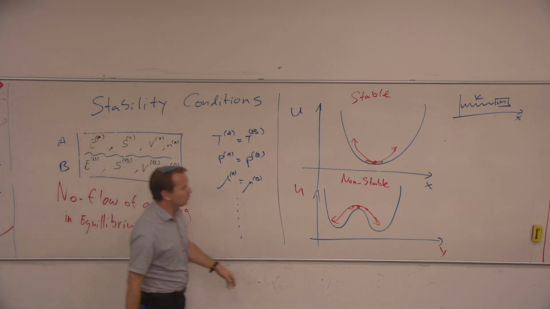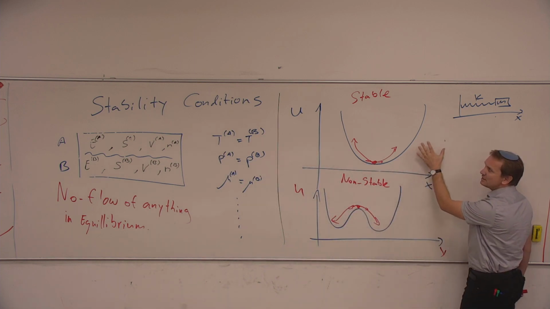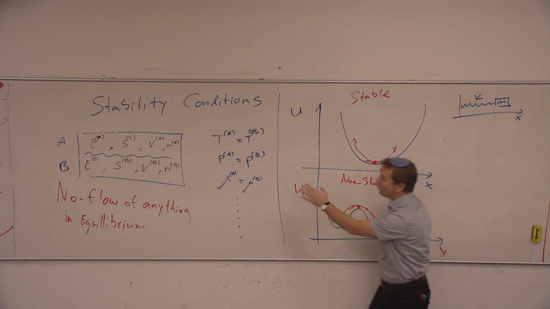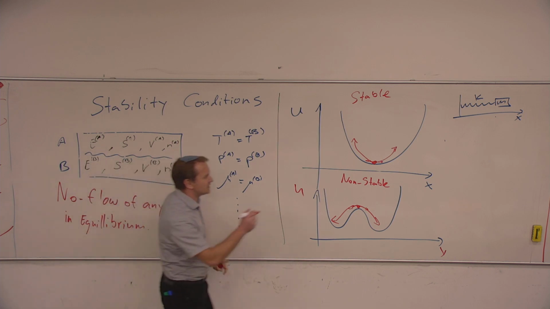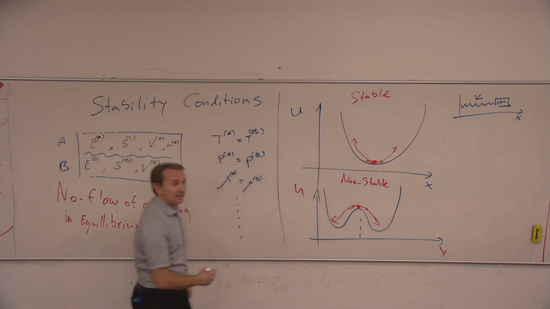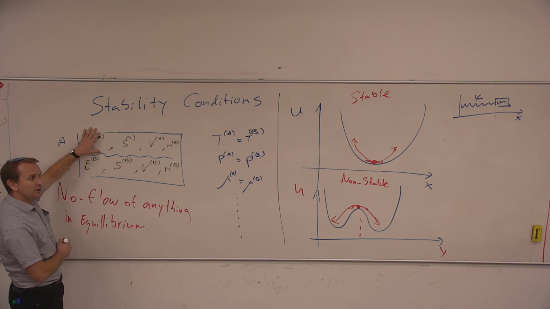So it's not enough to say that in equilibrium we do not have any flows. It's also important to say something about what it means if the system is stable, internally, in terms of these parameters. We know the parameters that define this minima or maxima. But it has to be more than that, because we want a stable equilibrium.